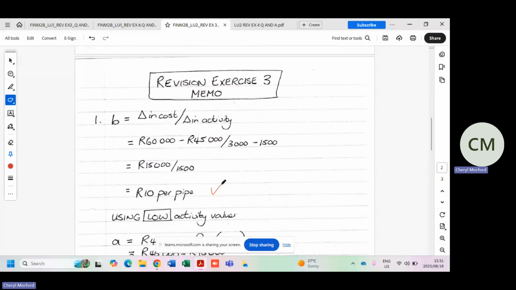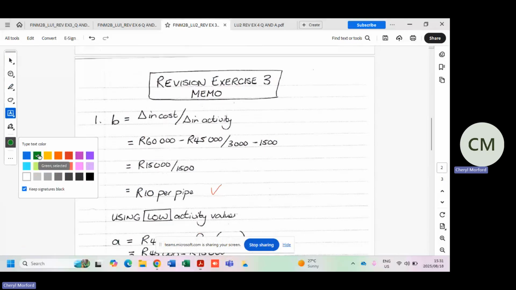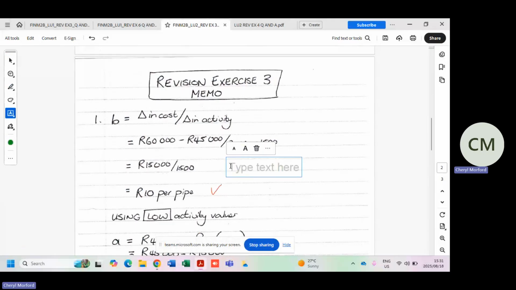Now once we found that, step 2 is we're going to find A. This requires that we take that cost equation and rewrite it, and we make A the subject of the formula. So it's going to go A is equal to Y minus BX.